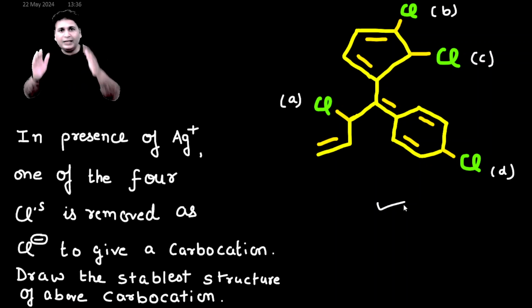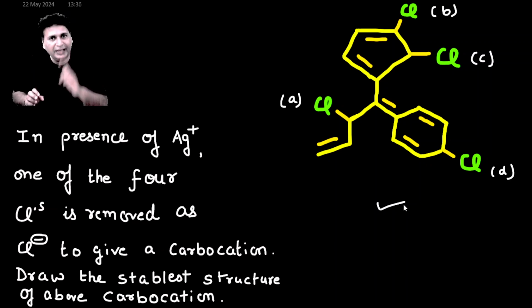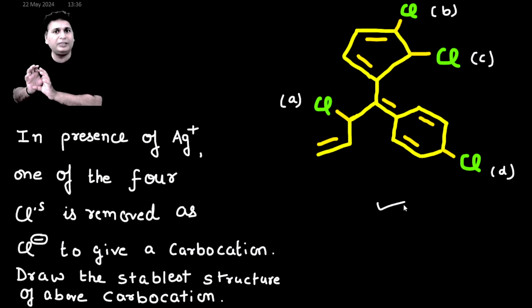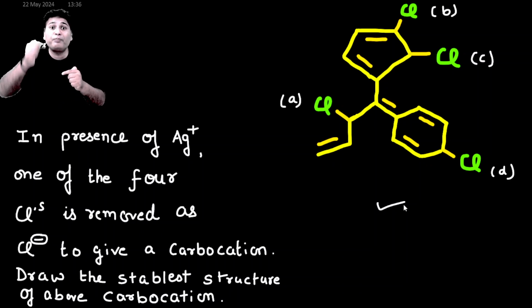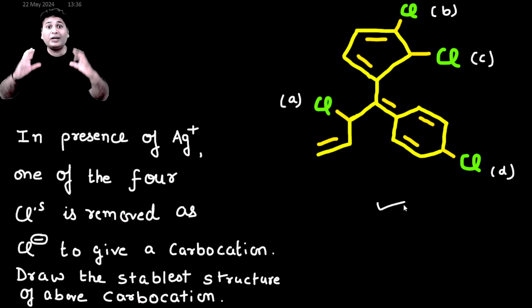So Ag+ is going to pull away the Cl which is easiest to be pulled away. As you pull away the Cl-, it will leave a positive charge on the carbon from where it was attached earlier, so a carbocationic character will come.